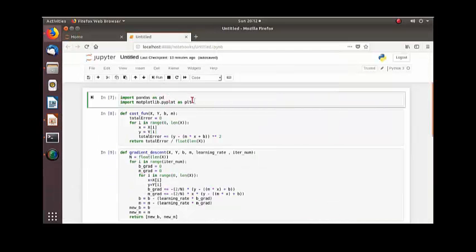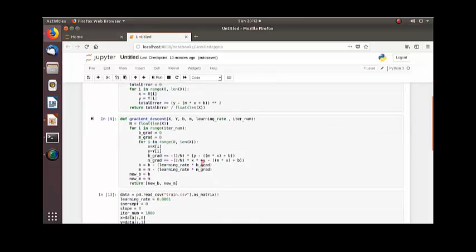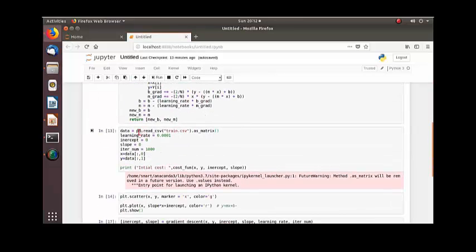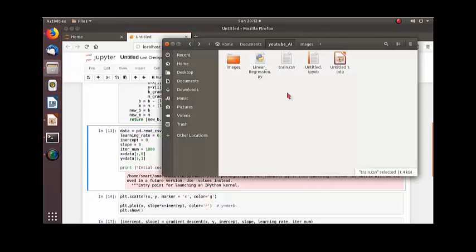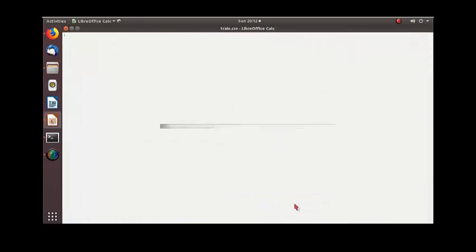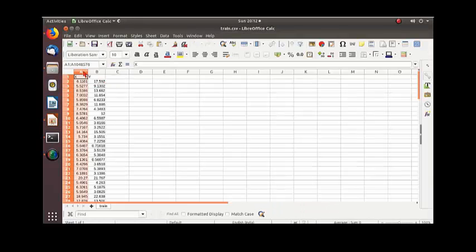I am using two libraries: pandas as pd for reading CSV, and matplotlib as plt for plotting graphs. First we need to read the CSV, pd.read_csv. This is our CSV file. X is the input variable and y is the output.